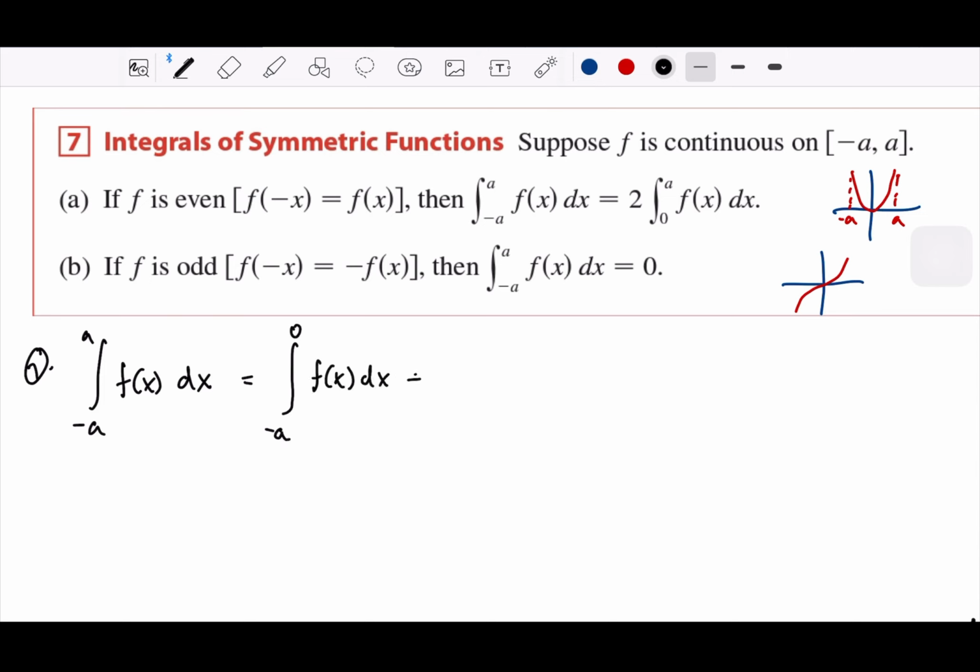So we separate it into 2 integrations. And for the left integration, I will switch the endpoints, becoming 0 and negative a. We can do that and add a negative sign, as a property of integrations.